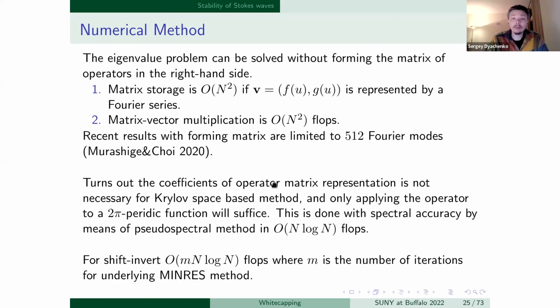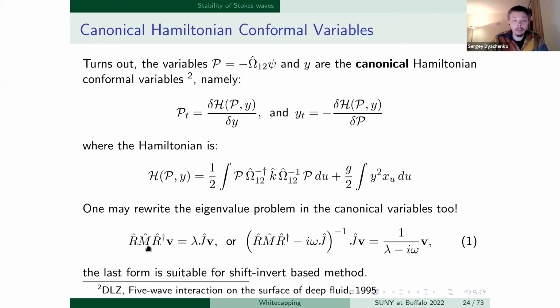There are several ways you could do this. In principle, you could take the operators that you have in the system and form a matrix of coefficients for them. For that, you take the operator, apply it to each and every Fourier harmonic, and record the result. If you have, for example, n Fourier harmonics, you would need to apply this operator to each of those n harmonics.